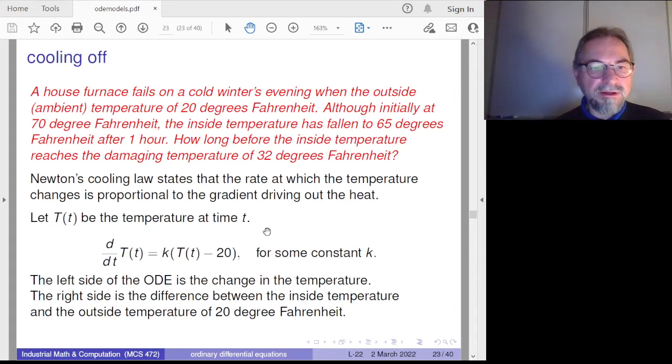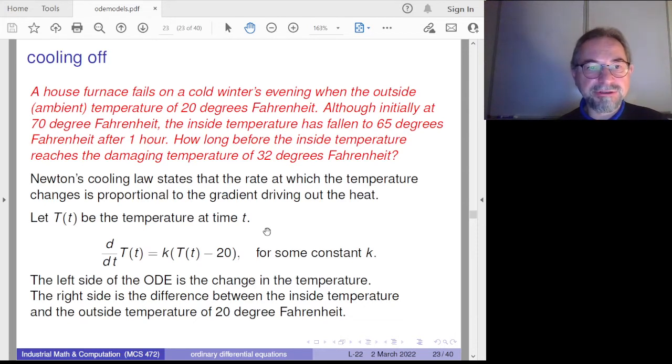So the equation is then, at the left, the change in the temperature, so the derivative of the evolution of the temperature as a function of time, and the right hand side is this difference, this gradient, for some constant k here.